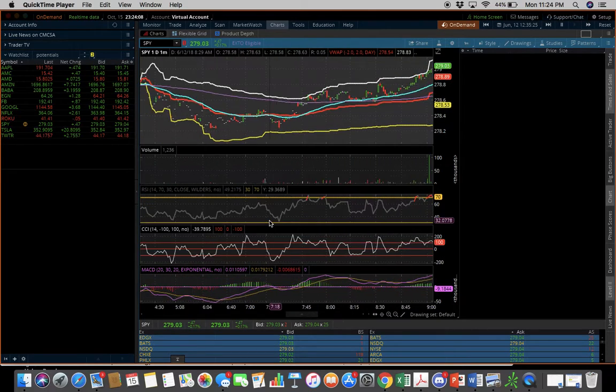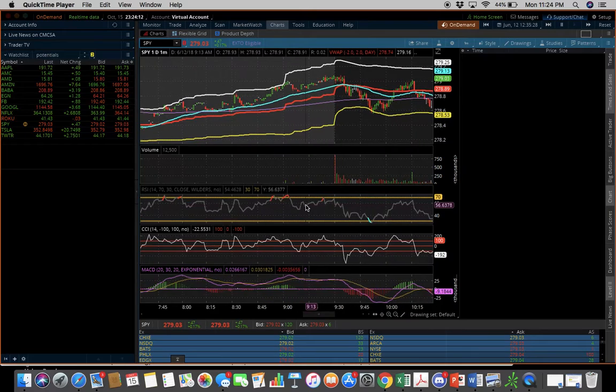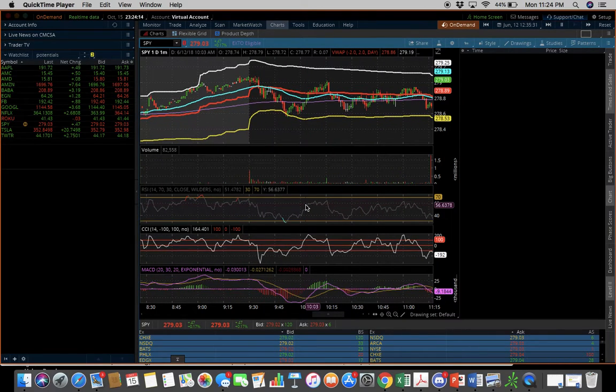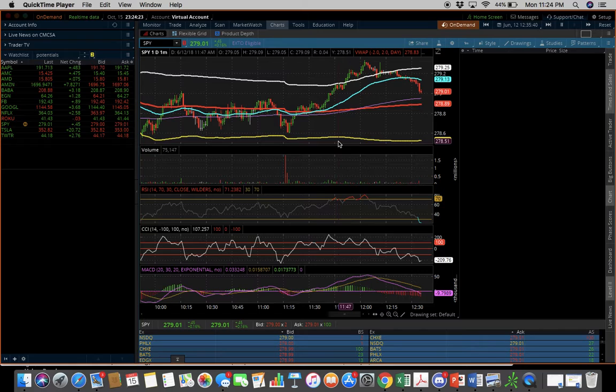I like to use the RSI not to tell me when I should get into a position. I don't use it to determine whether or not I should automatically enter a trade. I use it to tell me how much run a stock has in it before I know it's going to have a little turn to the downside.